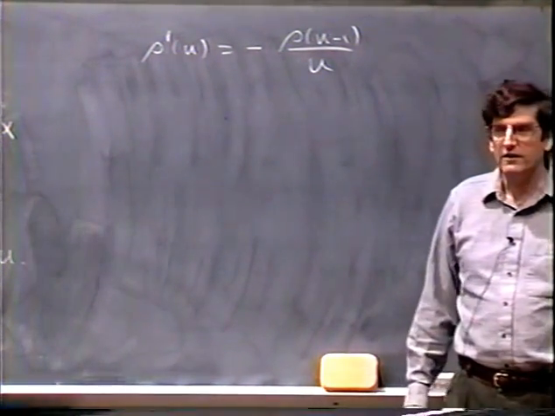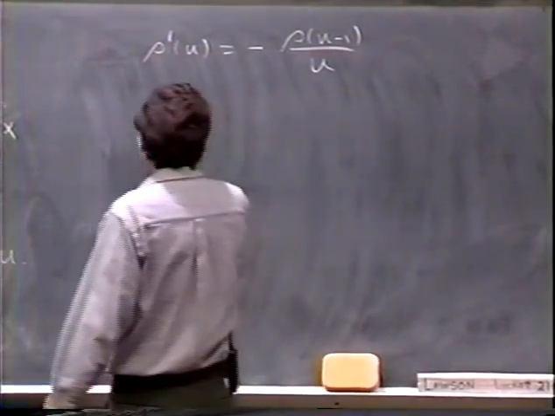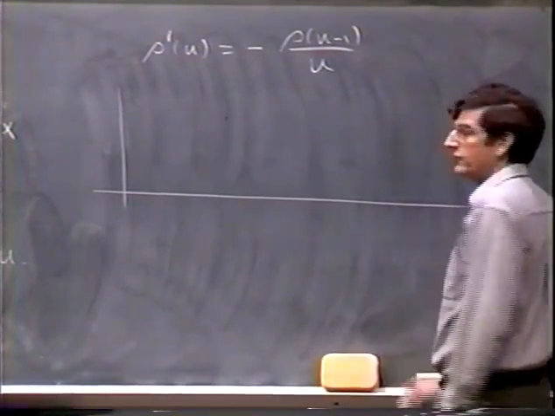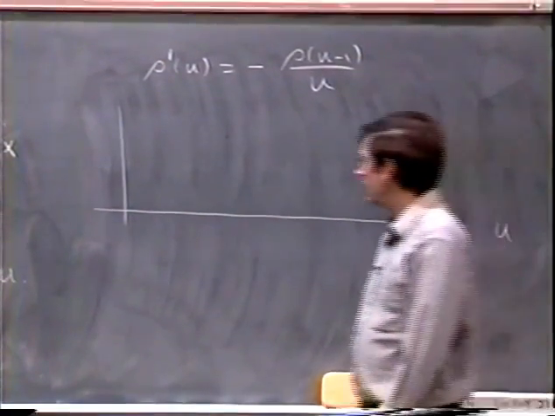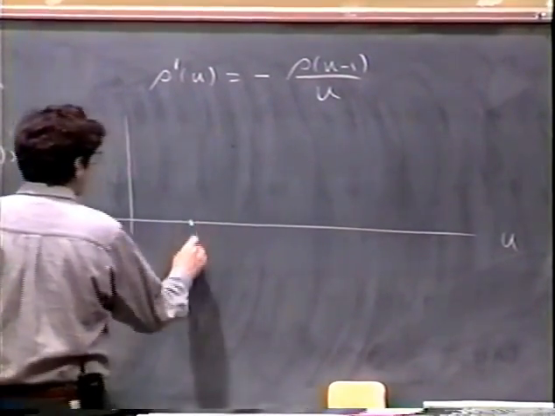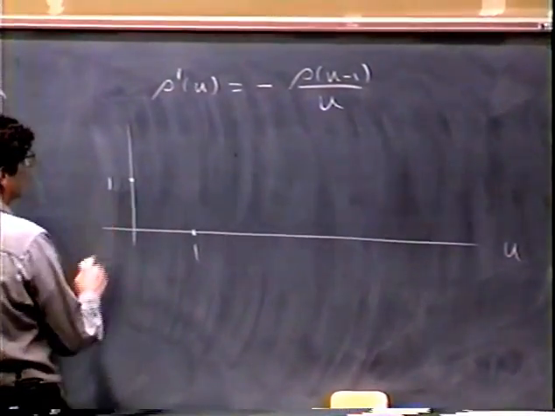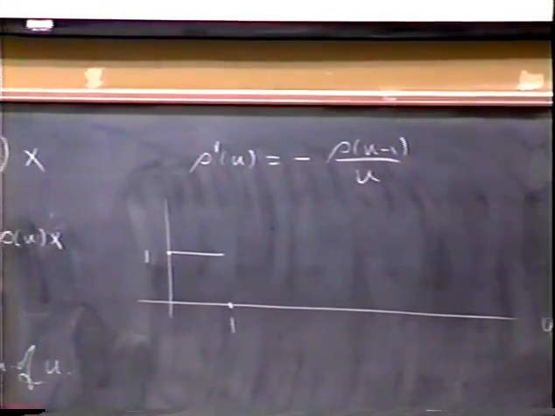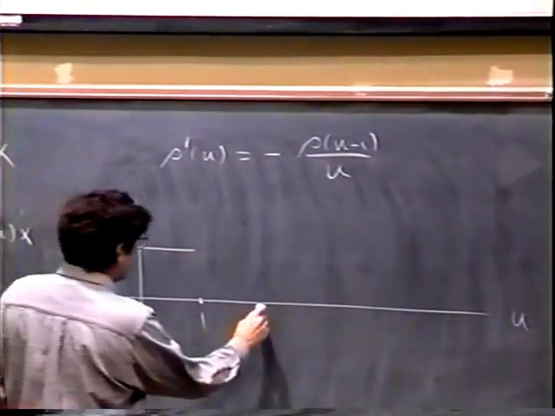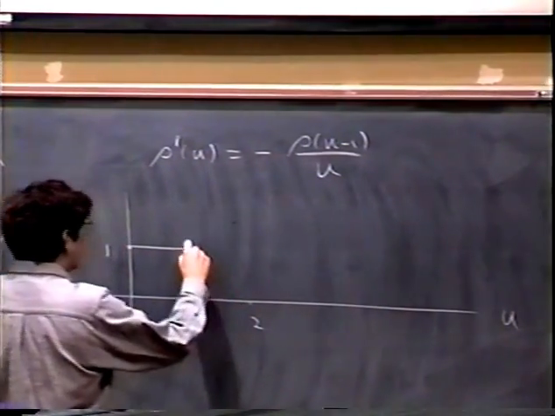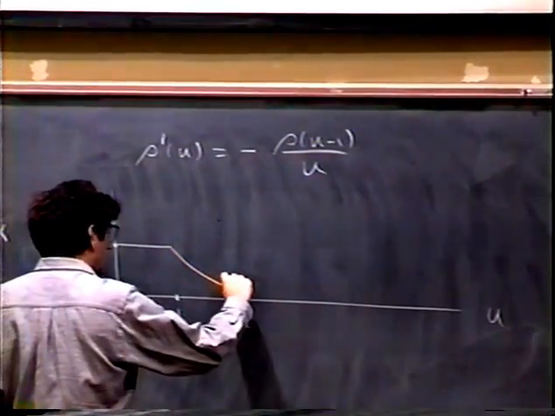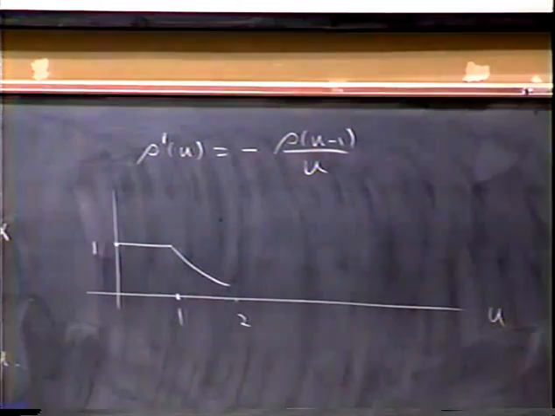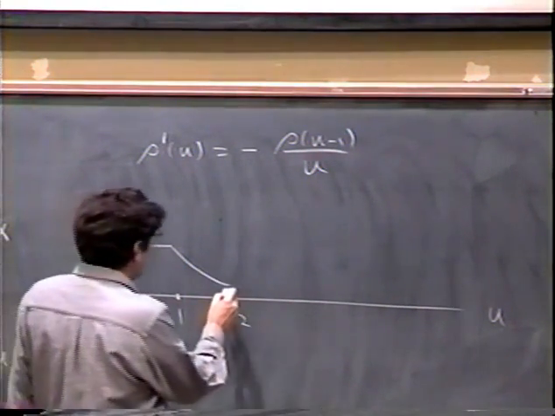Okay, let's get a visual picture of what the function rho of u looks like. Here's the u-axis, and here's the interval 0 to 1, and its value is 1 on that interval. Okay, that's simple. And now let's go over to 2, and at 2 it's 1 minus log 2, so it's about 0.307, and then it decays to 0.